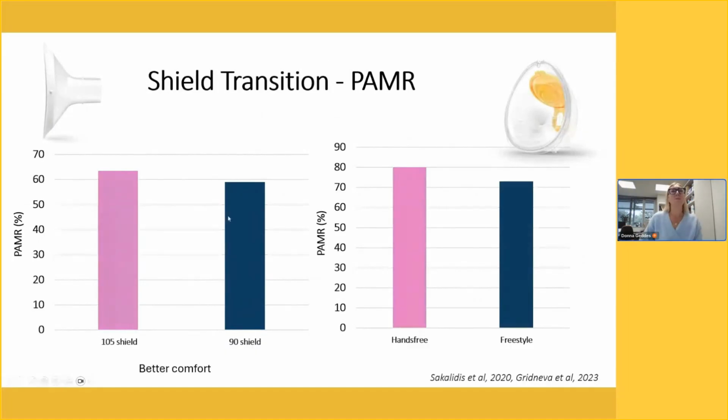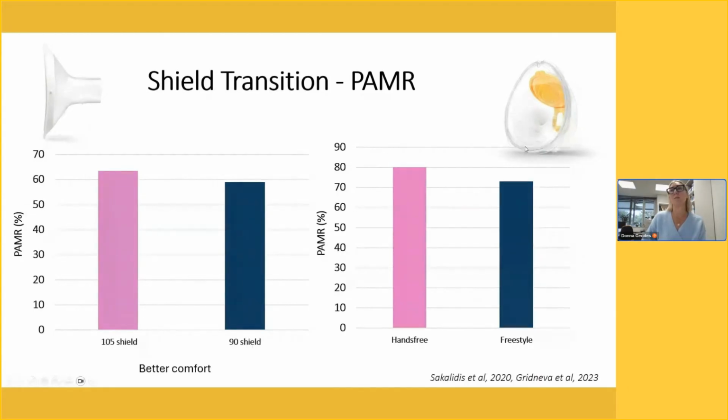So what else impacts the percent available milk removed? Well, you can see that the changes to what we call the 105 shield, so changing that angle at the waist to allow less compression or minimize compression, has been carried out, and the studies show that there's a significant increase in percent available milk removed compared to the older shields with the narrower angles at the waist.